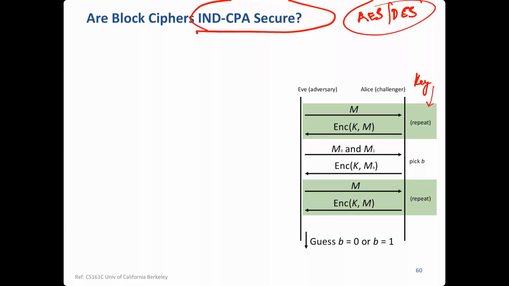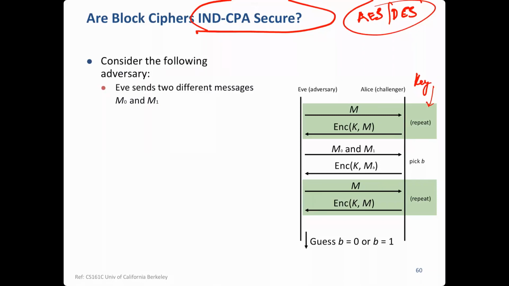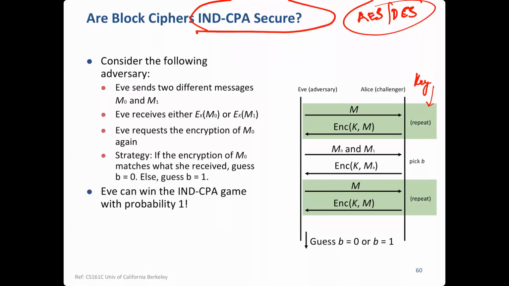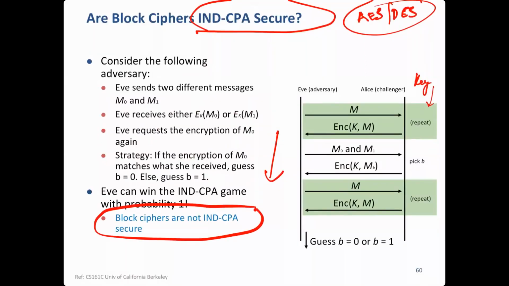If you use the same key and the same input text, it will result in exactly the same output. If you repeat this process multiple times, it's just a one-to-one mapping, and you get exactly the same output. Anything that is deterministic, because the key is the same, Eve can guess it, right? So block ciphers are not IND-CPA secure.